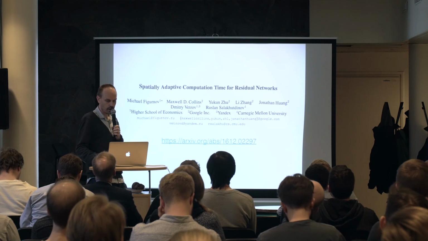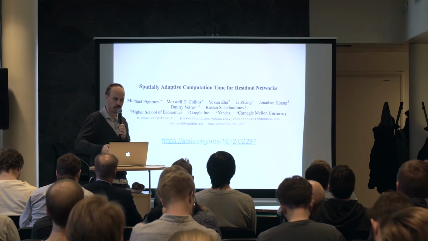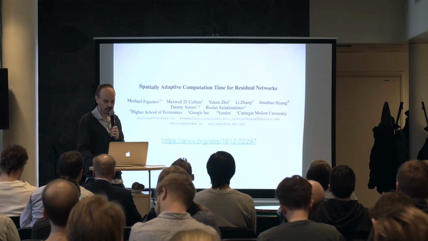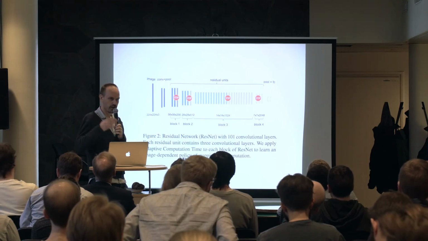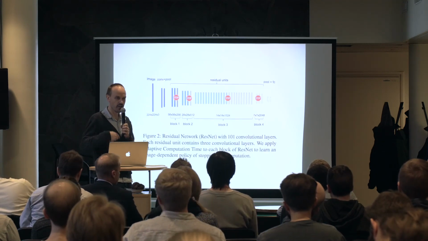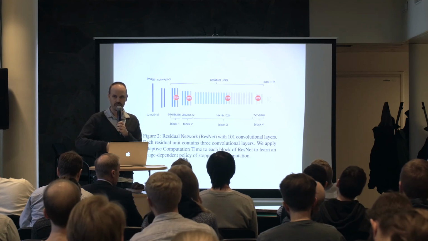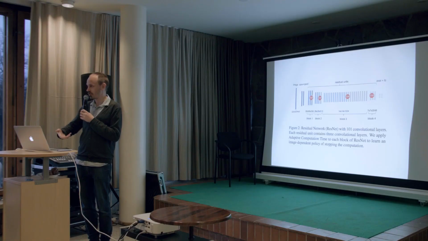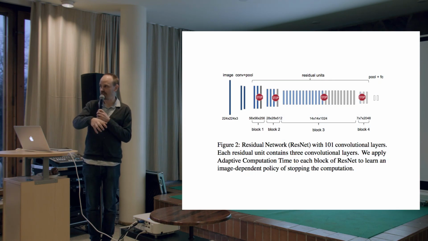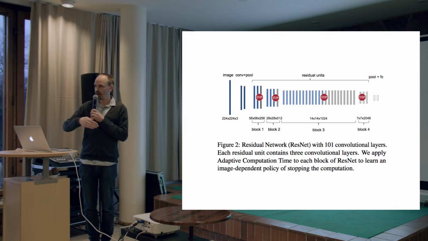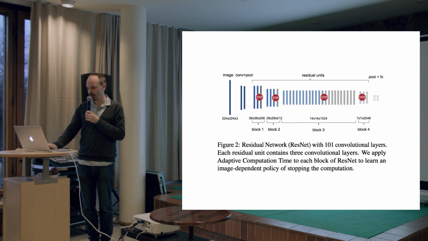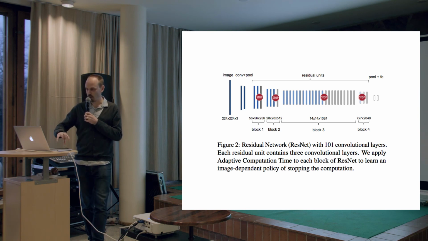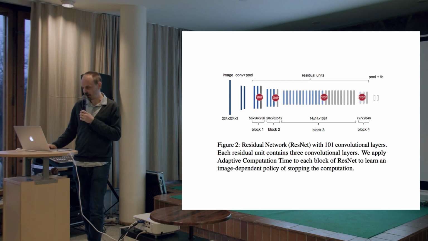Also here we don't use all the layers of a residual network, but instead of dropping layers out randomly, we learn at which point we can stop the computation, and it depends on the input image how far we go inside this network. We look at the features after each layer, and then we decide, do we need to take another step in the calculation? And they show good results.